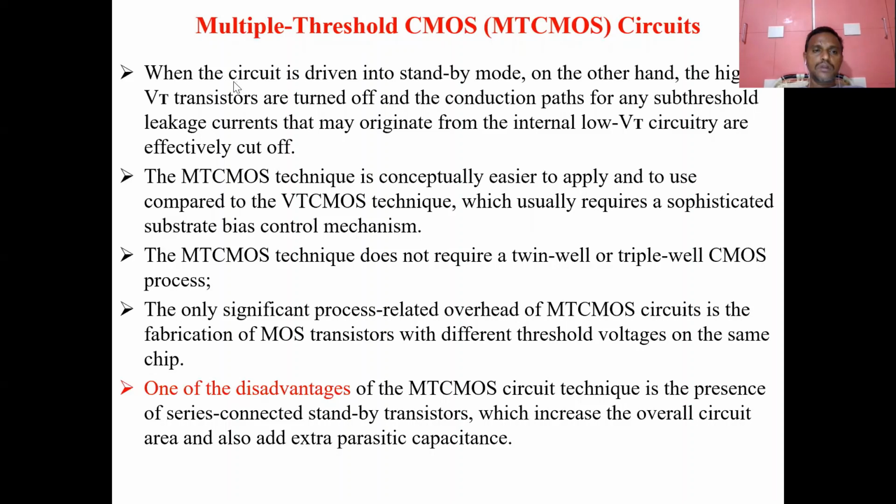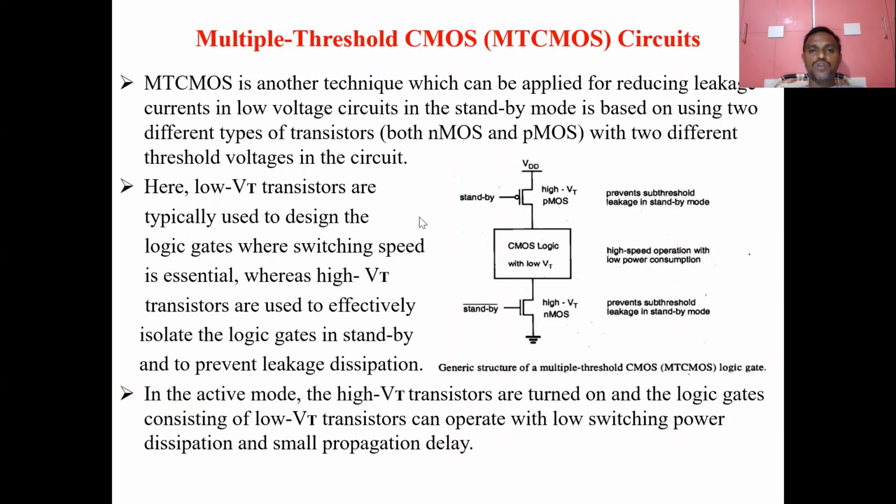Okay. When the circuit is driven into standby mode, the high threshold voltage transistors are turned off. When those transistors are turned off, automatically there is no power supply to this CMOS logic circuit or CMOS gates that we have prepared here with low threshold voltage. So whenever these are turned off, automatically this CMOS logic also cannot work.